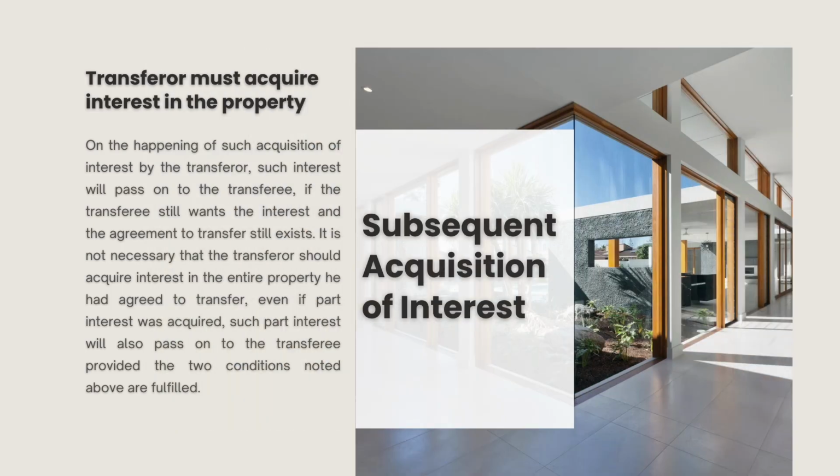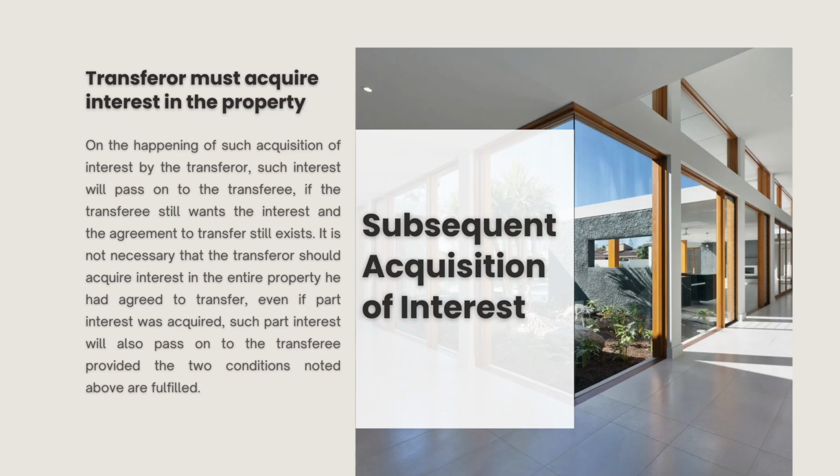Similarly, a key concept in this section is the idea of subsequent acquisition of interest. This is the third key requirement for the operation of this section, and that is that the transferor must acquire interest in the property which he has agreed to transfer.